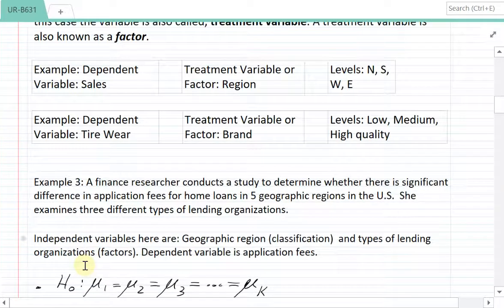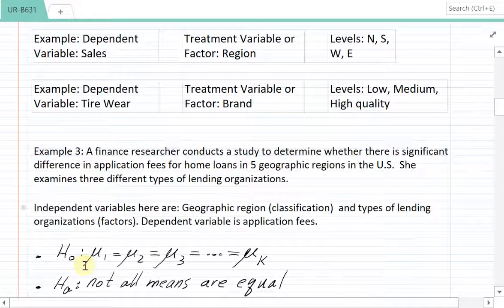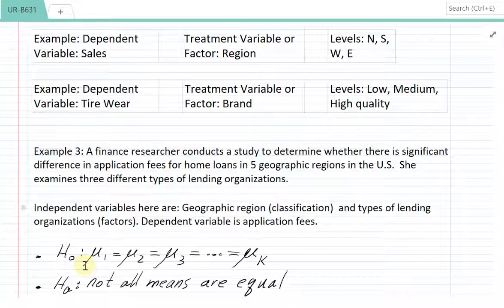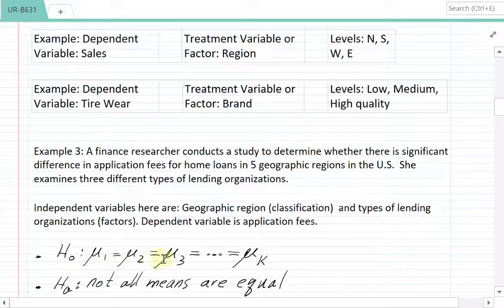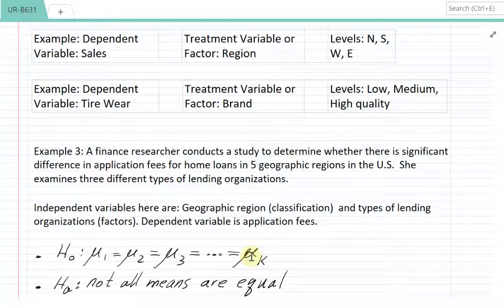So what is the null hypothesis? That's all we want to do with the ANOVA in this section. The null hypothesis says, however many populations we are comparing, so in this case, 1, 2, 3, all the way up to k populations. K could be 10, 20, 4, 7, 6, 12, whatever, however many populations we want to compare. So the null says that there is no difference between those means. They're all the same. Okay.